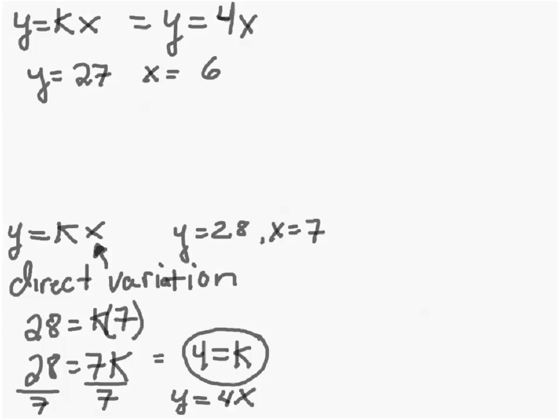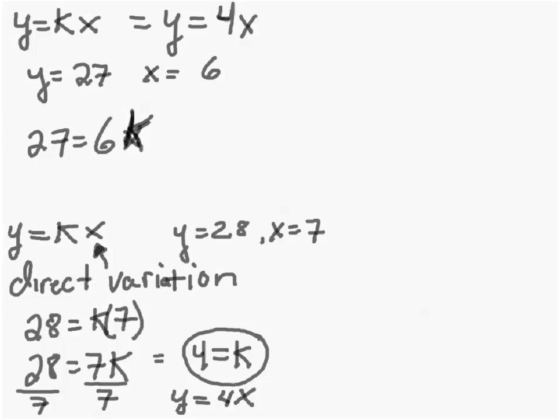What do you guys think? What does your equation look like? We're putting it into y equals kx. Y equals 27, x equals 6. 27 equals 6k. Fantastic. 6k, not 6x, 6k.